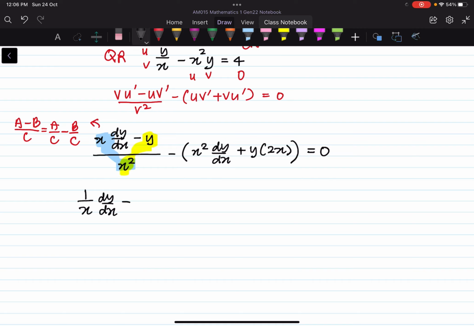We're going to get y over x squared itself back again, minus, let us expand this, x squared dy dx minus, because negative times positive gives negative, and I rearrange it, 2xy equals 0.